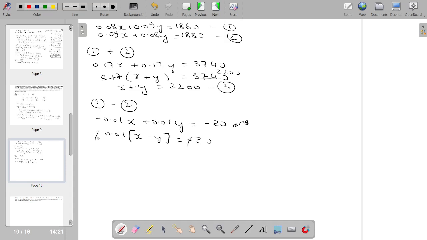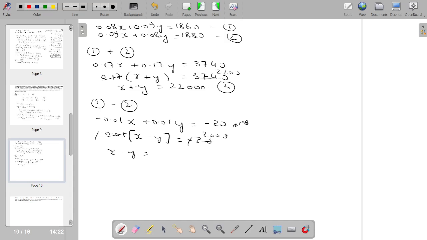Minus minus cancels out, so x minus y is 20 divided by 0.01, that is 2000.